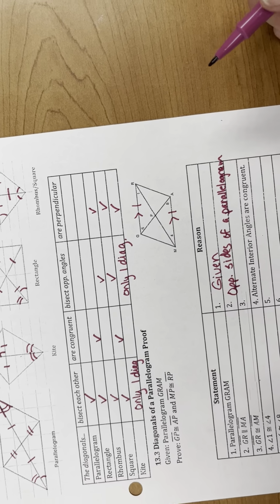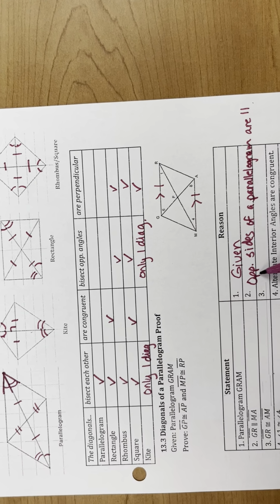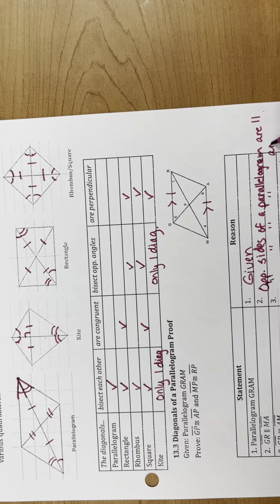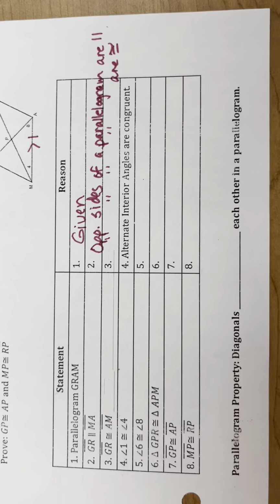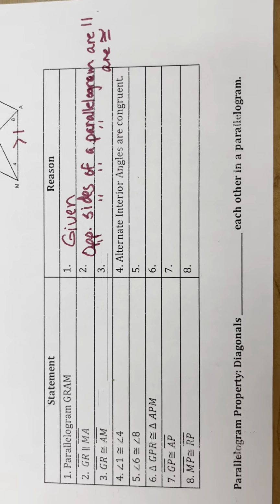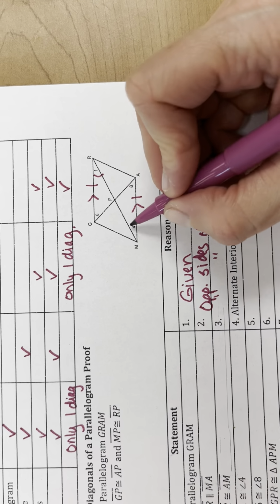So opposite sides of a parallelogram are parallel, and then I'm going to use tick marks here. Opposite sides of a parallelogram are congruent. There. Okay, and then the next one, it says angle 1 is congruent to angle 4. So we have this and this.